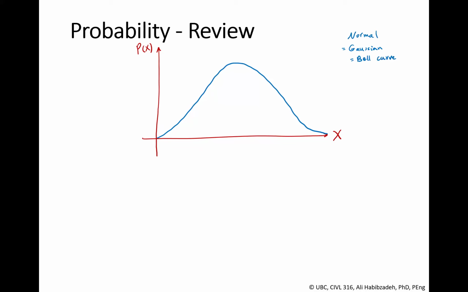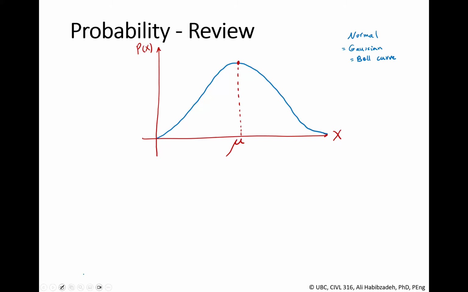Not the only one, but one of the very common ones. How does it look and what does it have? It has a peak. The peak always occurs at the statistical average, let's call it mu, and has a distribution about the average.